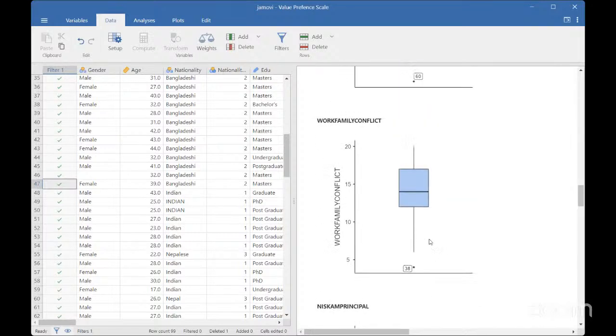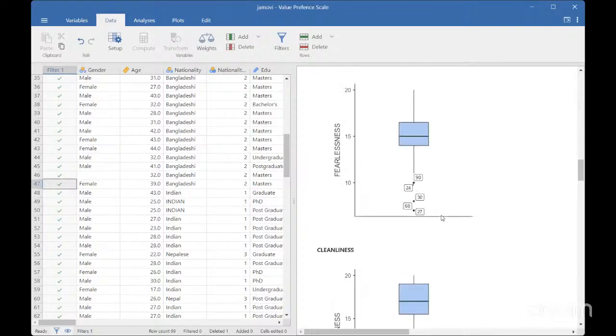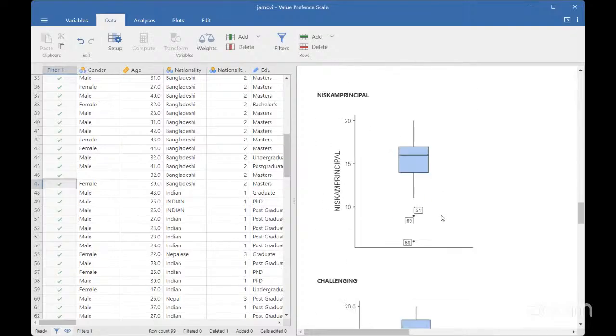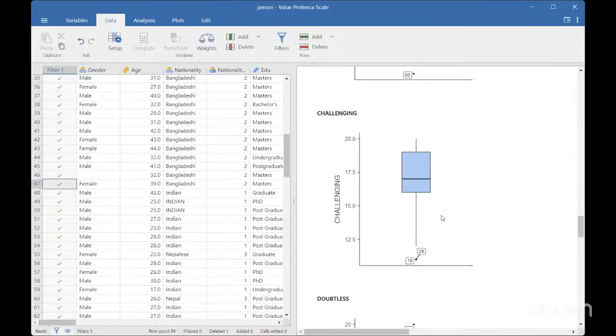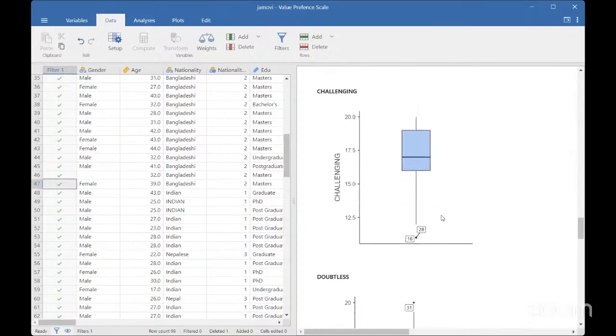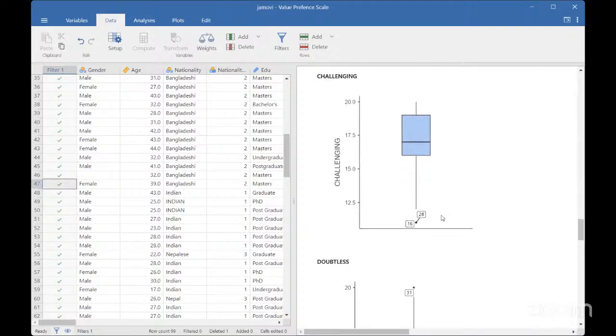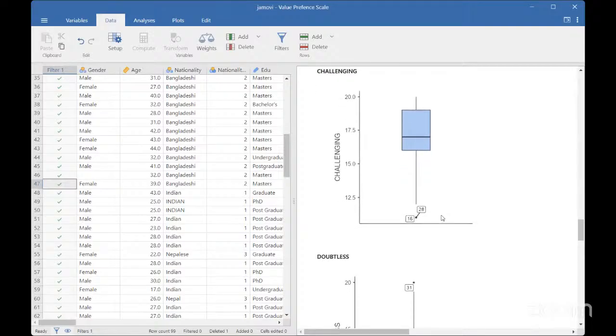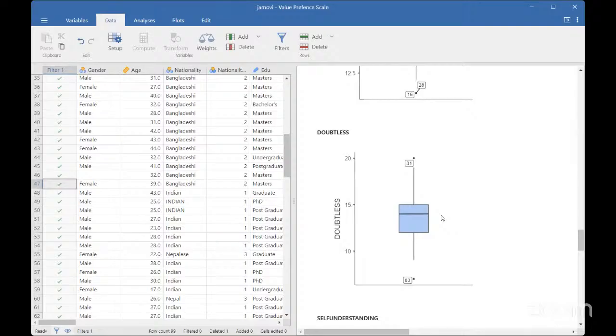No, that is 38. Okay. No, 28 is not there. Only 28 and 16. You go doubtless. Here again, you will find one individual very high in doubtless value, 31, and doubtless is 83.